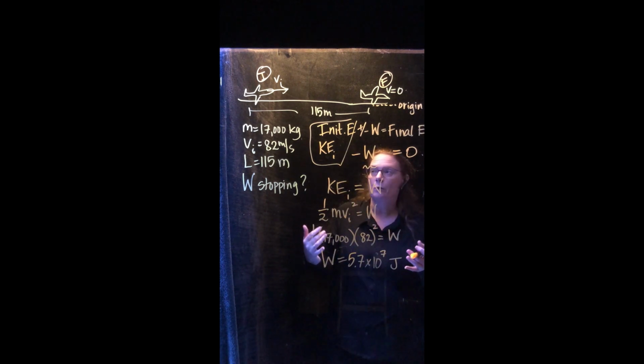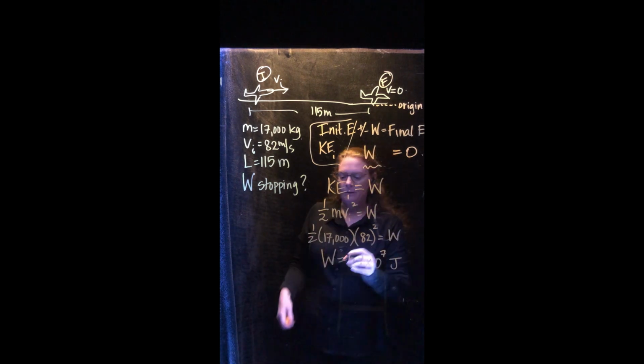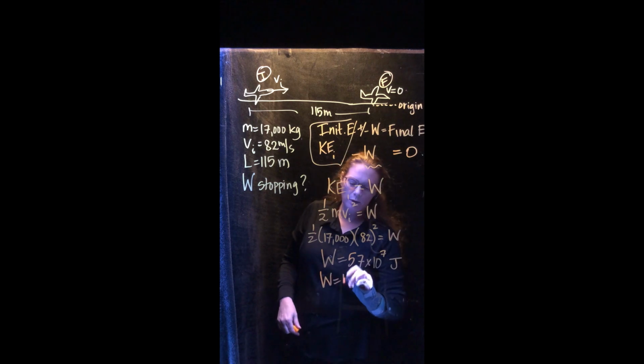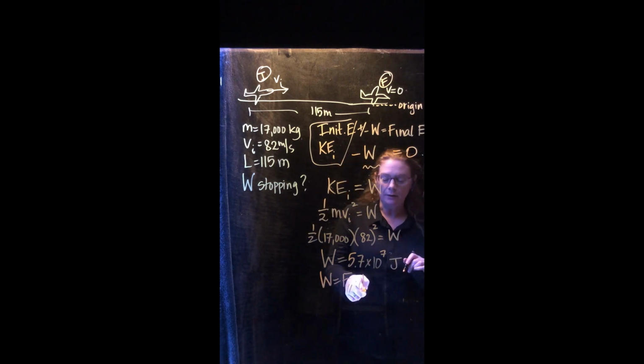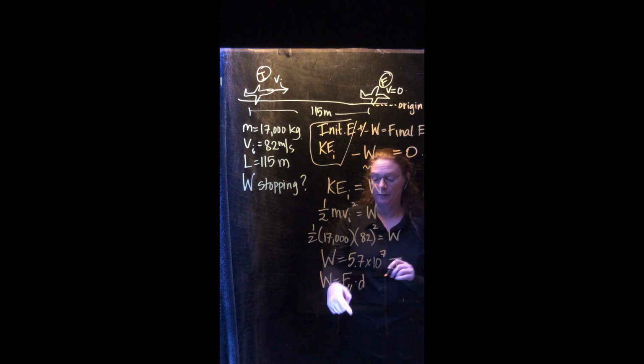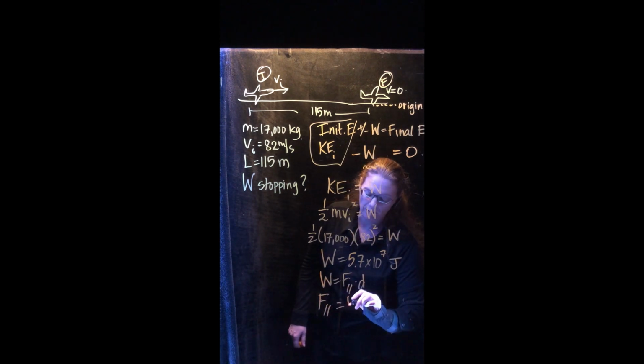Now, one of the cool things about work energy problems is that now we know the work done, and we know that the work is the parallel force times the distance. I know the distance, so I can get the force that it took to stop the plane. The parallel force is going to be the work divided by the distance.